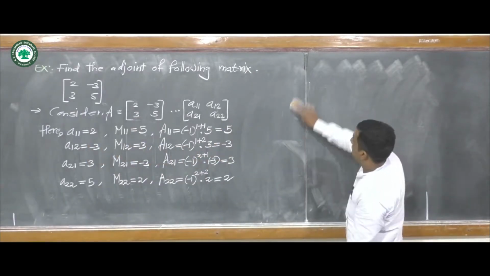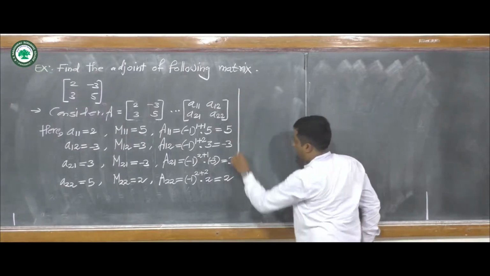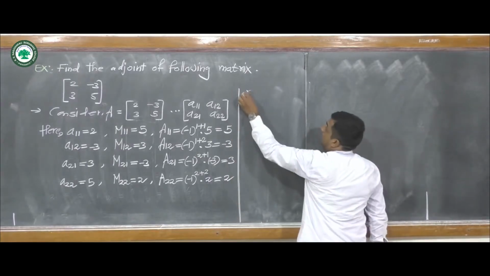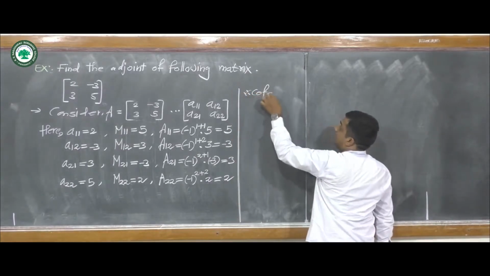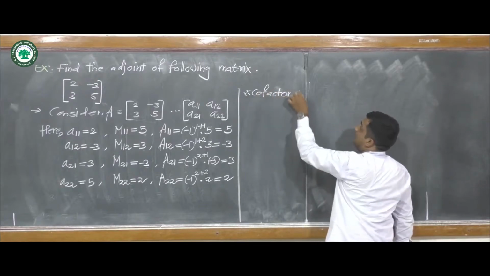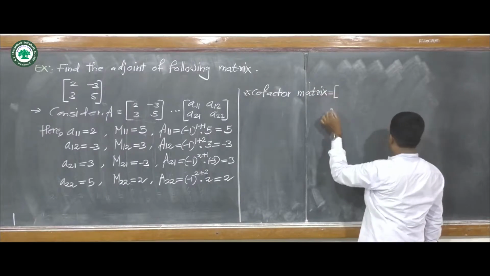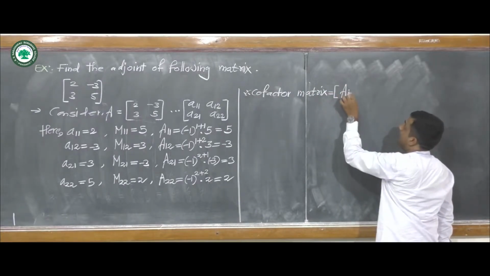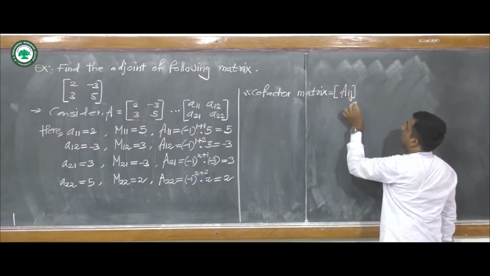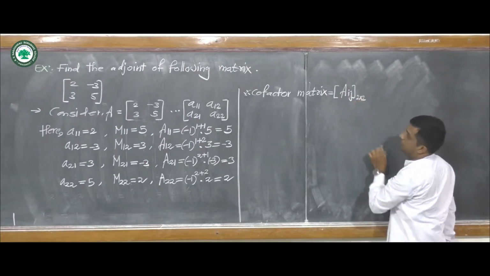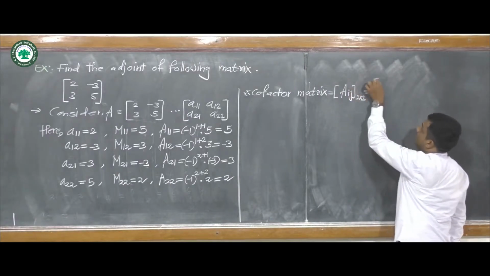Now we consider the cofactor matrix. Therefore the cofactor matrix, which we denote by Aij having order 2 by 2, is equal to the following.